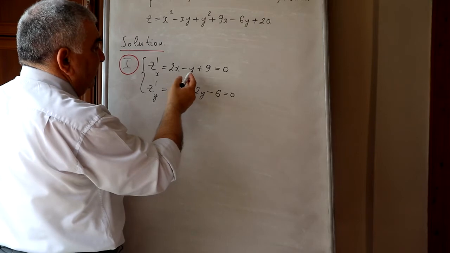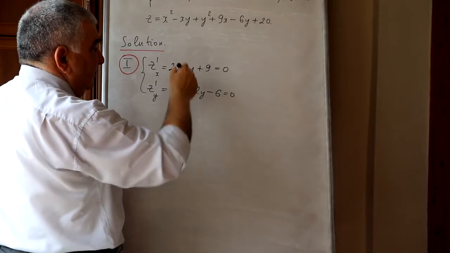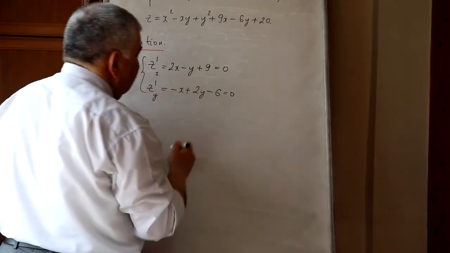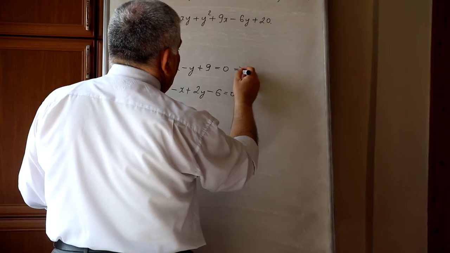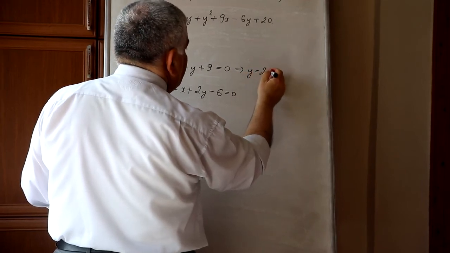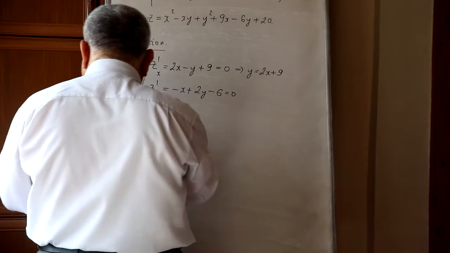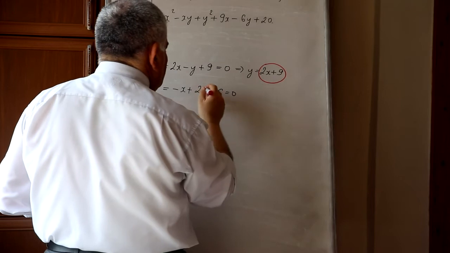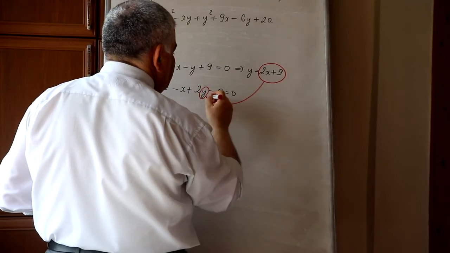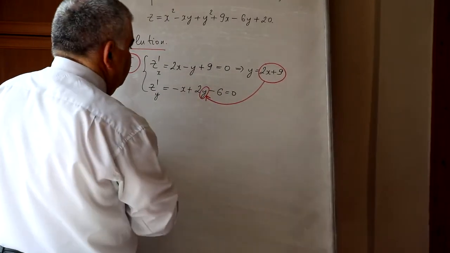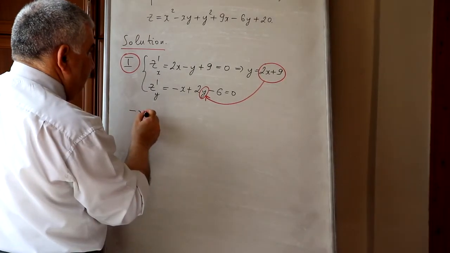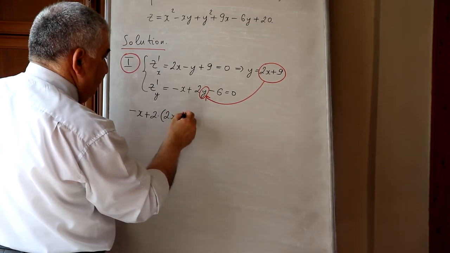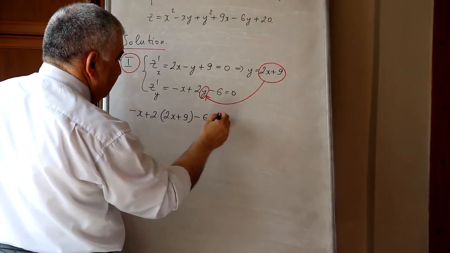Find y from the first equation and then substitute its expression instead of y in the second equation. y equals 2x plus 9. Substituting into the second equation: minus x plus 2 multiplied by (2x plus 9) minus 6 equals 0.